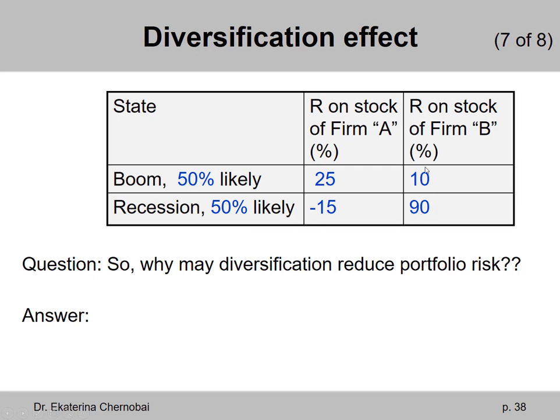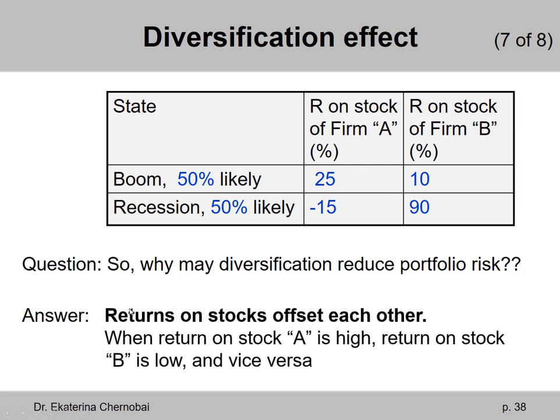And when the return is low on B in the boom state, it's pretty good in A from A returns in the same boom state. So again, we have sort of inversely related returns. Low returns are offset by high returns, right? So the returns on stocks offset each other. When the return on stock A is high, return on stock B is low, and vice versa.